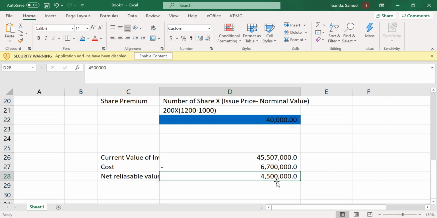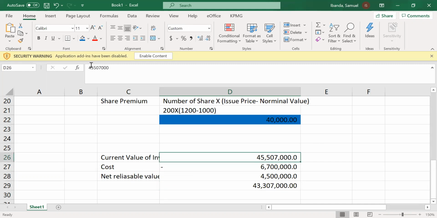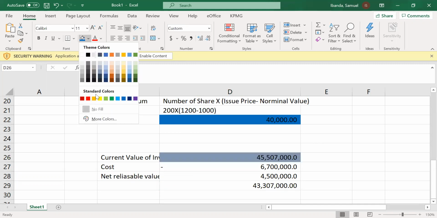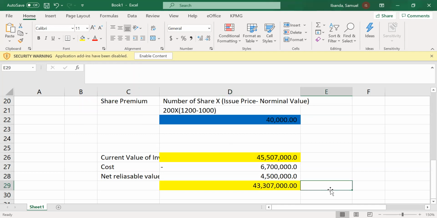Okay. So this will give me which value? I'm just trying to use my Excel. So this inventory, instead of being valued at 45, it should actually be at 43. So I've just changed the inventory value, which had 6.7. I removed it and put in 4.5.